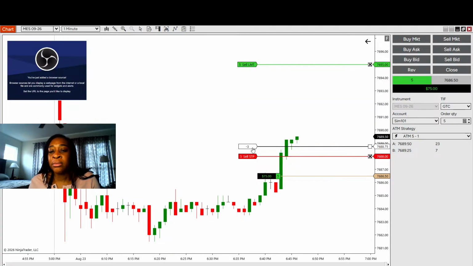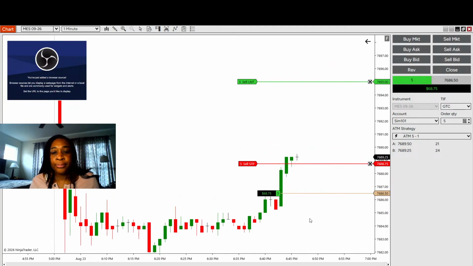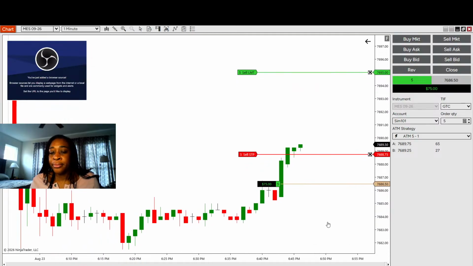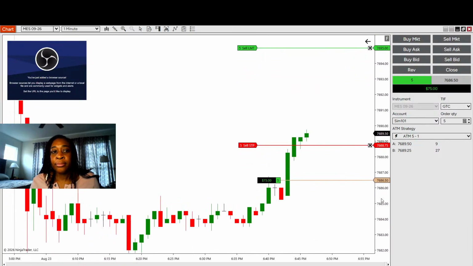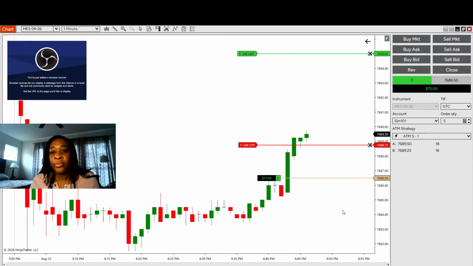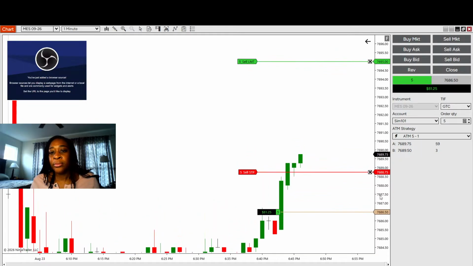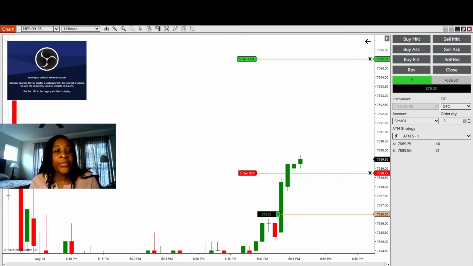Every time there's a new candle, I'm going to lock in some more profit. It may come to this flat top here and then bounce back and come back down. It may not come all the way back down, but it might come back down a little bit.